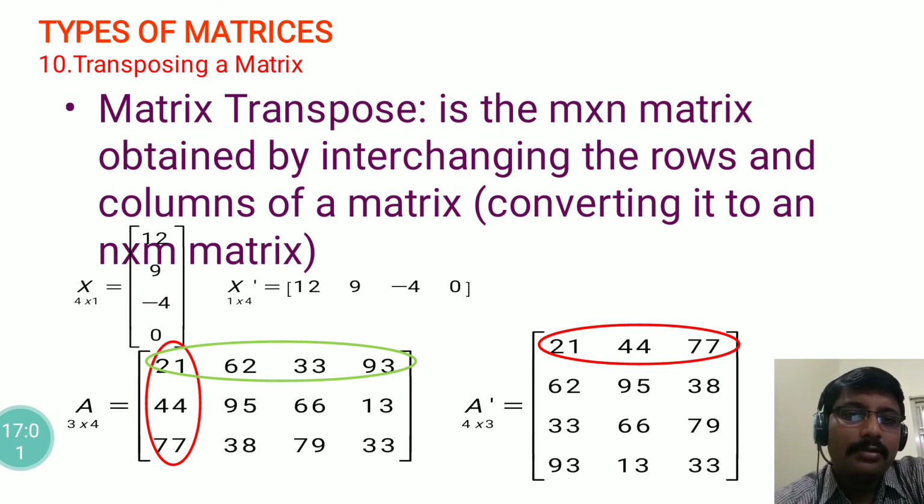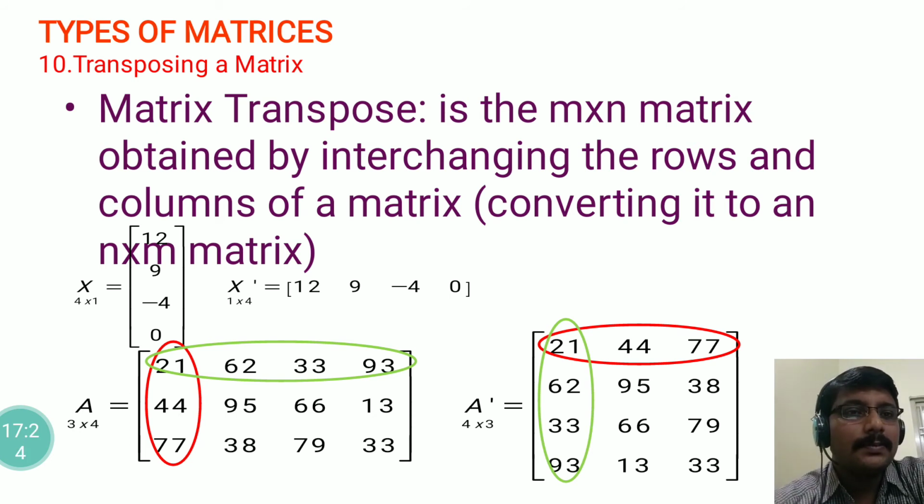In A we have 21, 62, 33, 93 as the first row elements, but in A transpose we have the first column elements as 21, 62, 33, 93. So the transpose of matrix A is A dash or A power T.